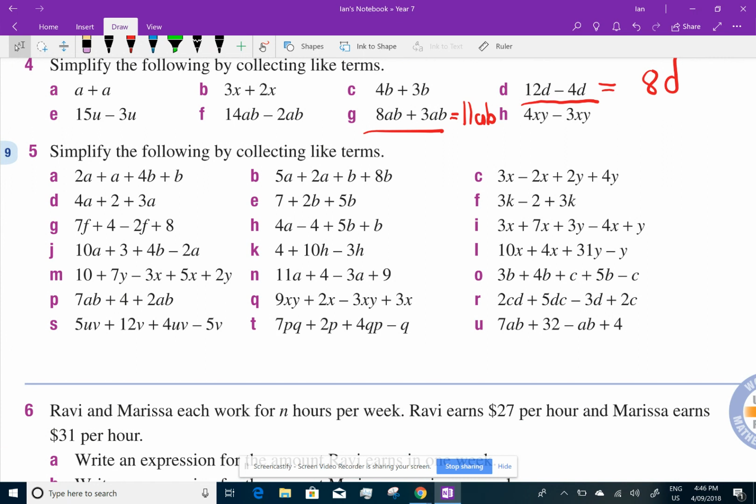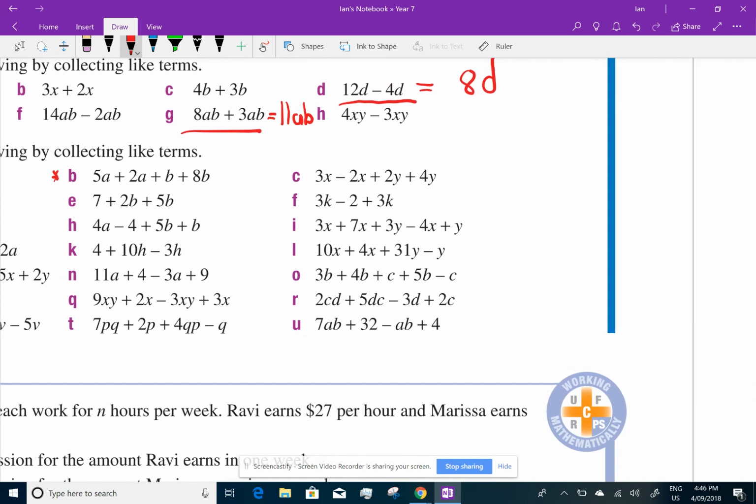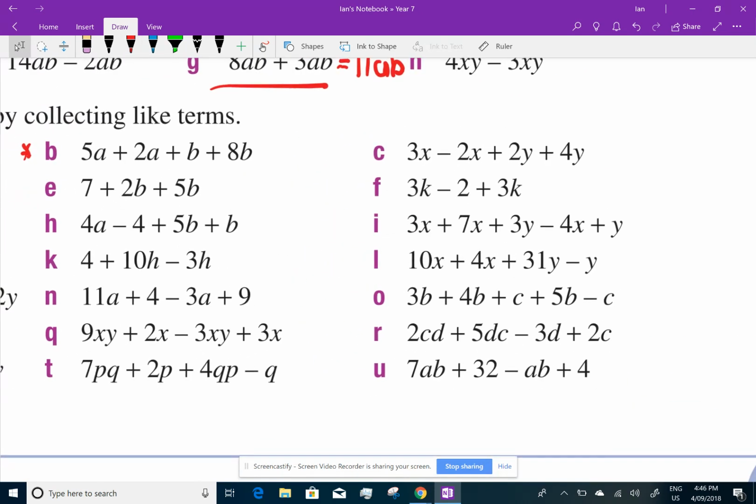And I'm going to look at a couple here. I'm going to look at B, and then I'm going to do the last column. Now, what we have here, I've got 5 A's and 2 A's. Well, I can add them. 5 A's and 2 A's is 7A.